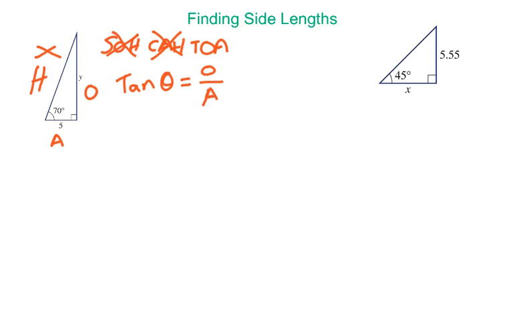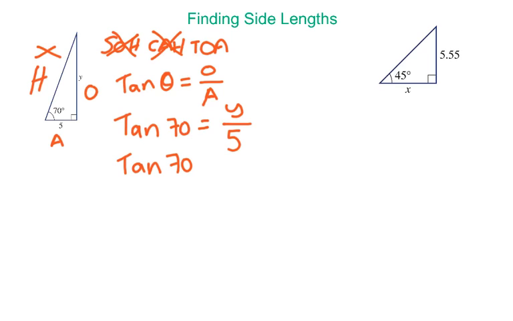Like any rule, I'm now just going to replace my letters with the information I have in the diagram. My theta is 70, so it becomes tan 70 is equal to y over 5. Working out is really important, so please make sure you show all steps.